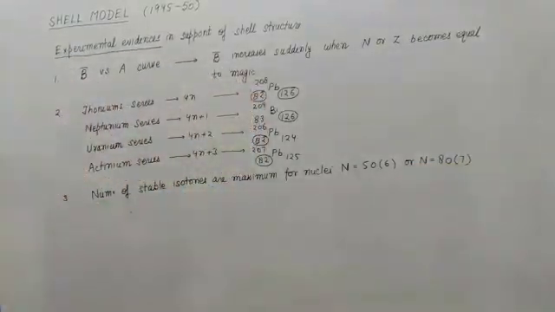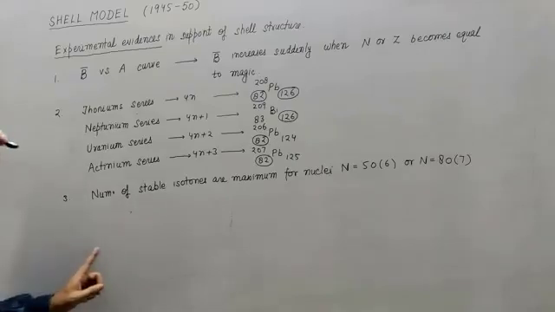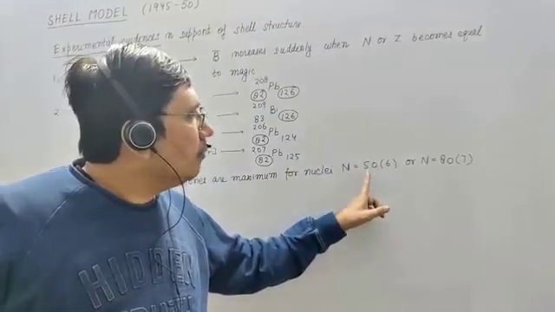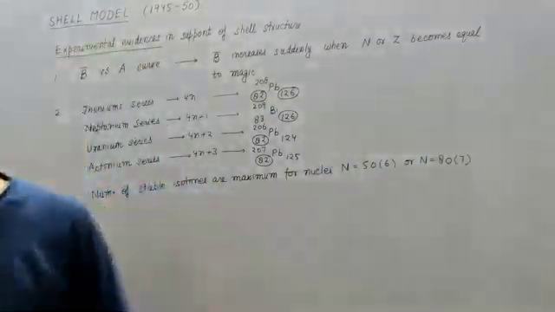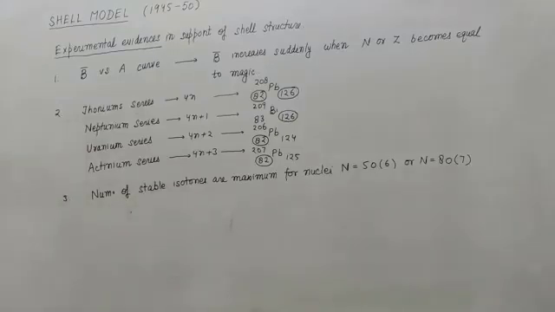So this is the maximum number. The maximum number of stable isotones is associated with nuclei having N equal to 50 and 82, which are magic numbers. So this is also evidence about the extra stability of these nuclei.